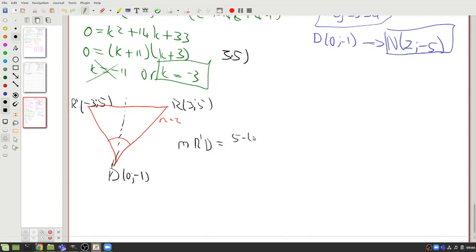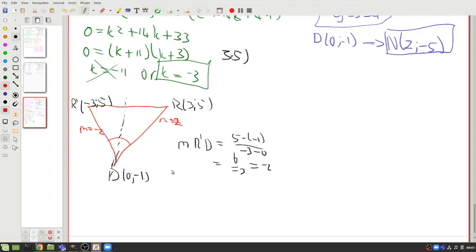So 5 minus -1 over -3 minus 0. That gives us 5 plus 1, 6 over -3, which is -2. Okay, so this gradient is -2. Some of you might have been able to guess that even before doing the calculation because of the reflection.